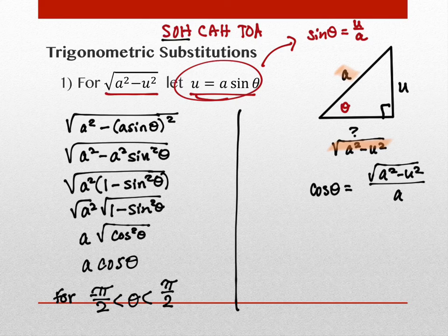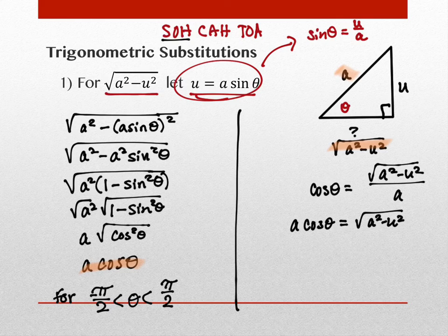If I were to multiply the a to the other side, like this, look what happens at the bottom. I get the same thing that I did when I did the analytical way: a cosine theta.